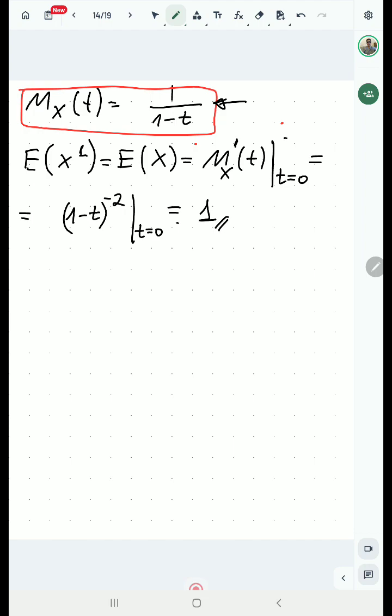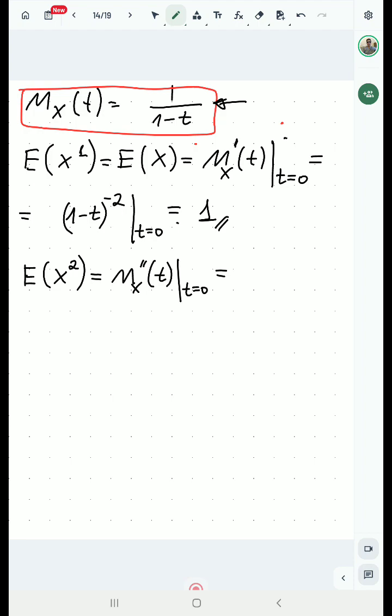Okay. Now, if you want to find the second raw moment, meaning the expectation of x to power 2, using the moment generating function, then you have to take the second derivative of the moment generating function and then set t equal to 0. We have already taken the first derivative, which is 1 minus t to power minus 2.